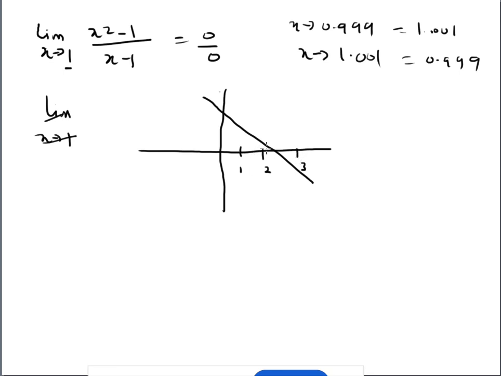So as x approaches 2, we can simply map out the 2 on the graph and bring it down. So this means x is approaching 2. So what's the value on the y-axis? It's like the normal mapping of x values to get the y values. That's basically the concept of limit. We are actually finding the value on the y-axis.